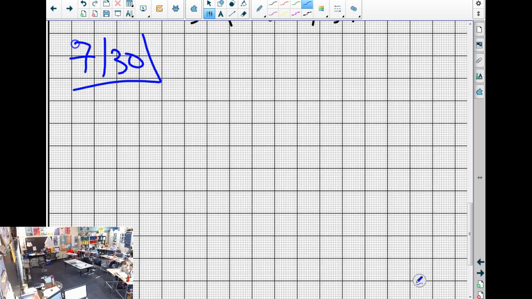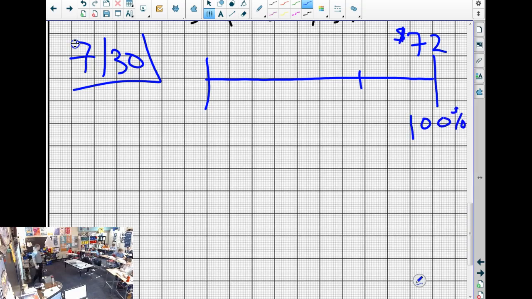Let's see, it says if you don't agree, write and solve a new equation. The number that we're looking for is 50.